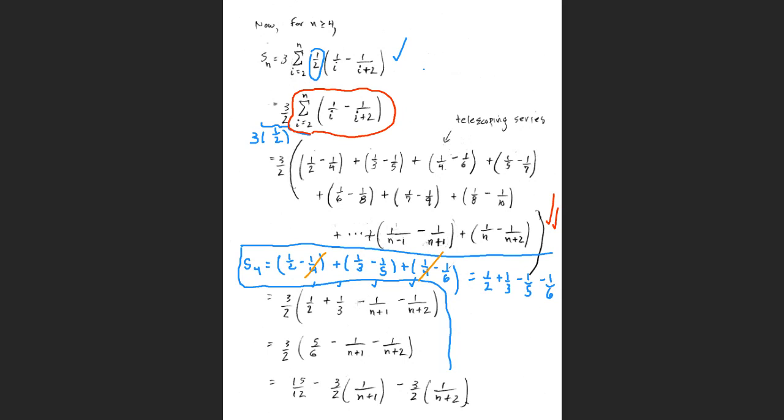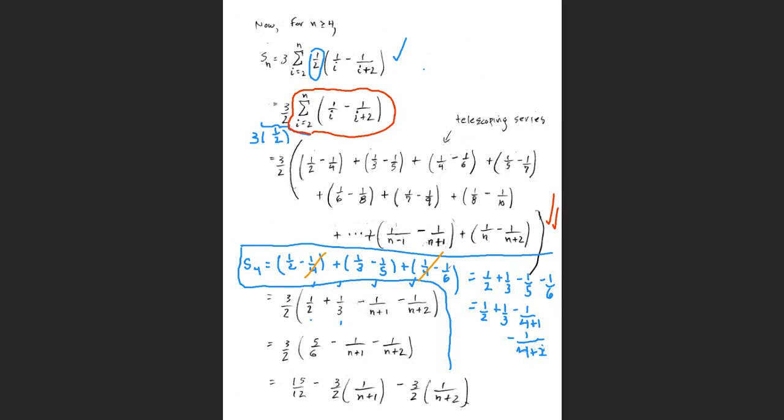So a half plus a third minus 1 over 4 plus 1 minus 1 over 4 plus 2.